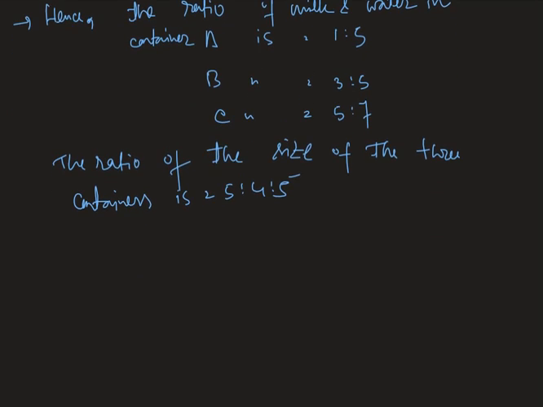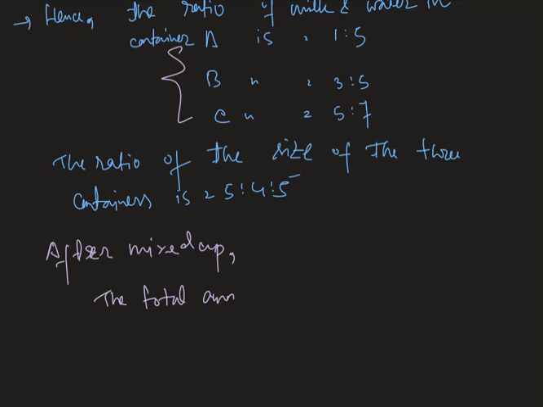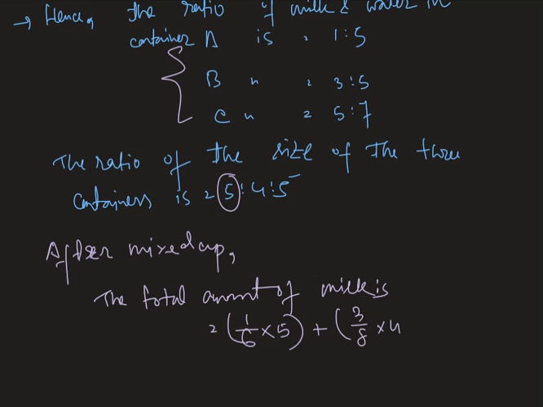Now if we mix all the milk of these three containers, then the total amount of milk is 1/6 multiplied by 5, that is the fractional portion of milk in container A multiplied by the proportion of size of A. Then we add to it 3/8 multiplied by 4, and then 5/12 multiplied by 5.